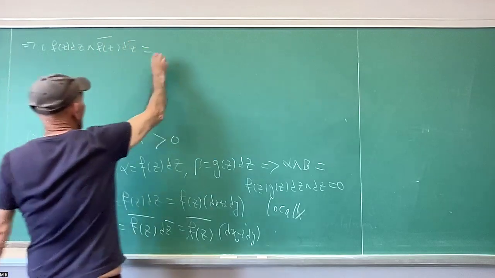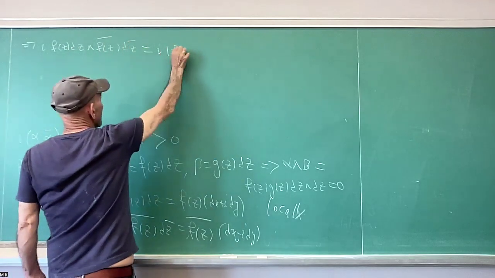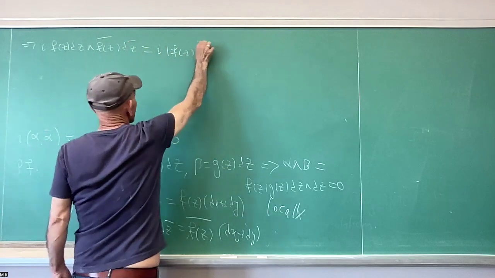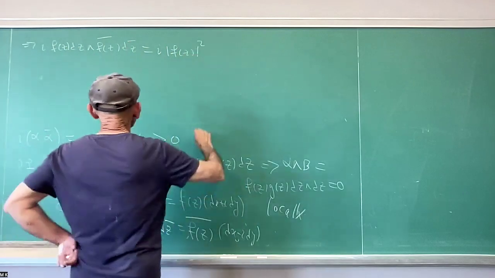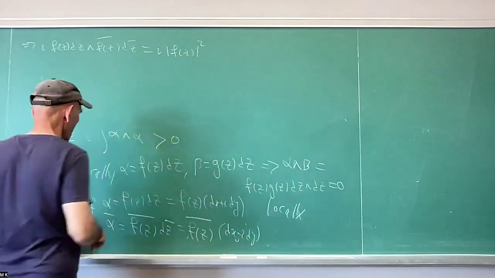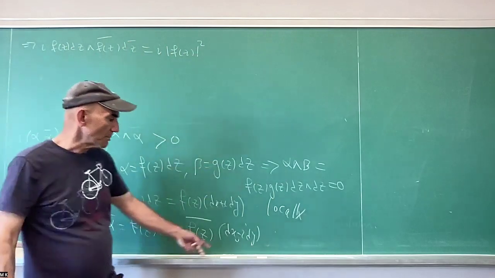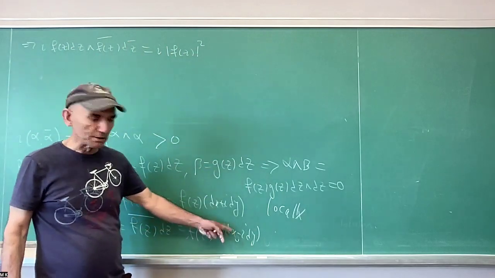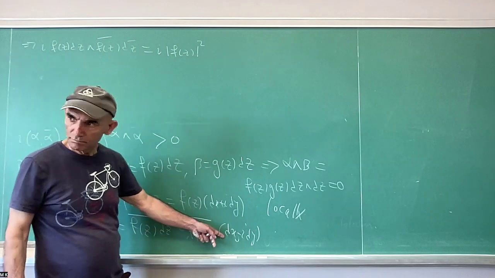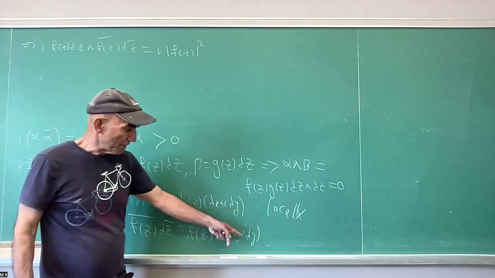This is equal to i times absolute value of f of z squared, times dx plus i dy wedge dx minus i dy. What do you get? dx wedge dx is 0. dy wedge dy is 0.